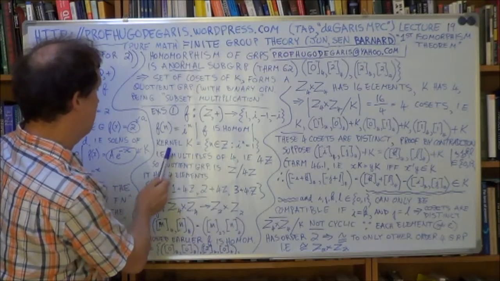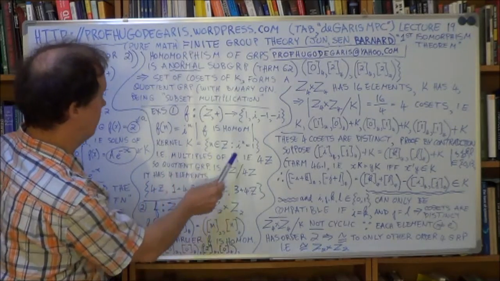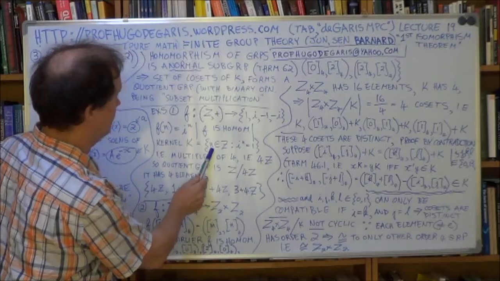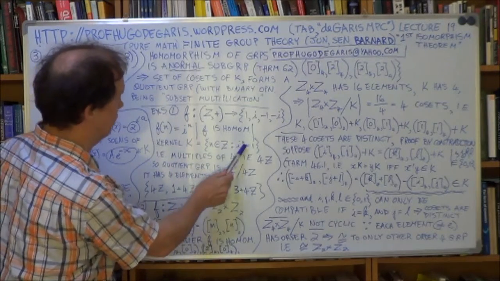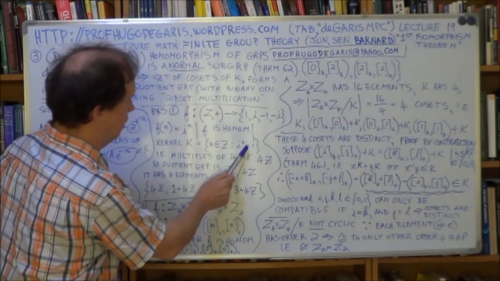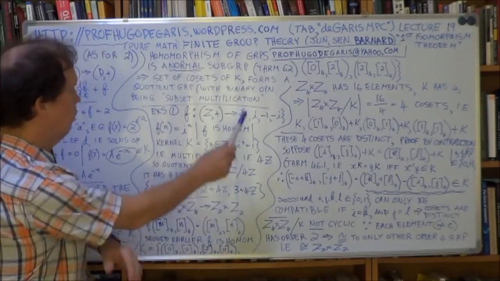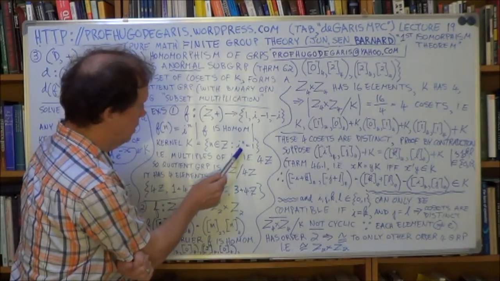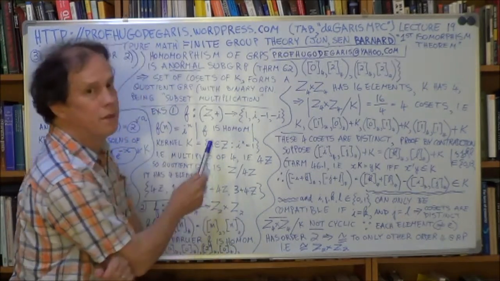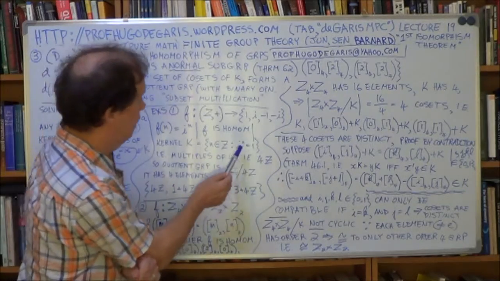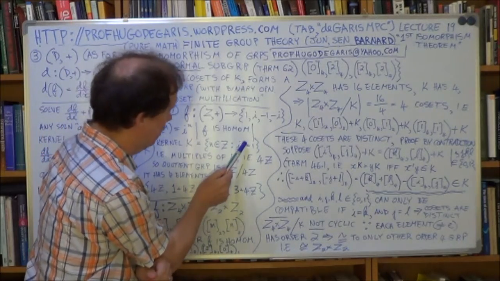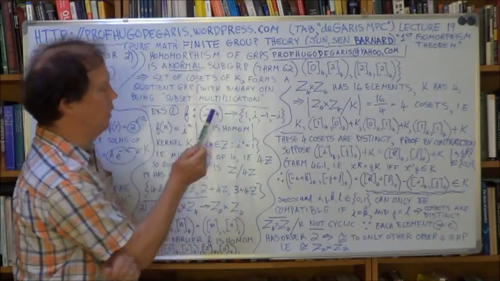So let's find its kernel, right? That's the subset of these integers where i to the n is equal to 1. Well, what are these values of little n? What integers are such that i to that power is 1?